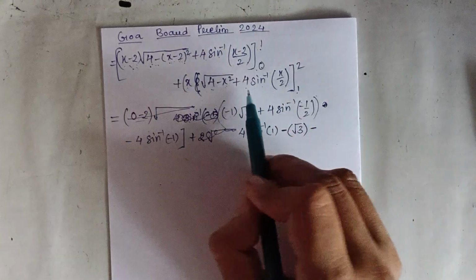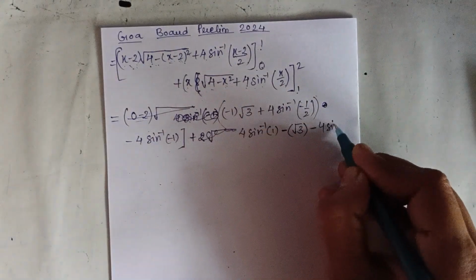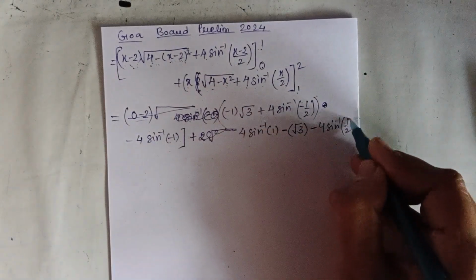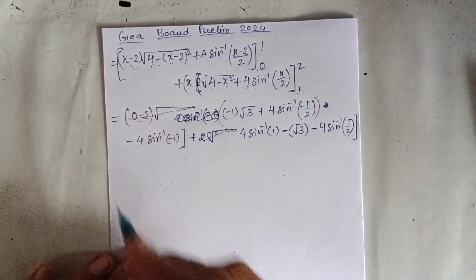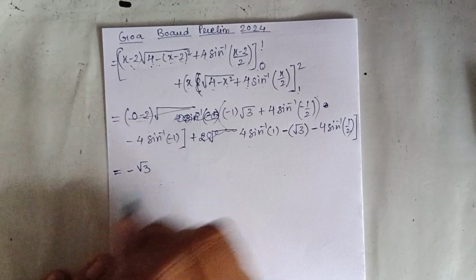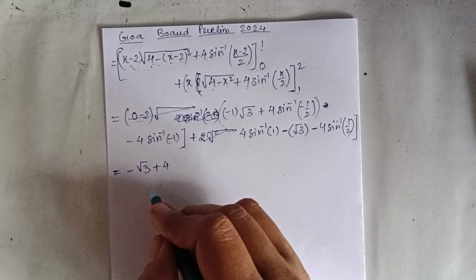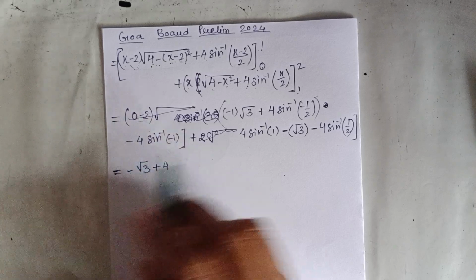Again minus 4 sine inverse half. Okay. So rewriting, we will get minus root 3 plus 4 sine inverse of minus half.